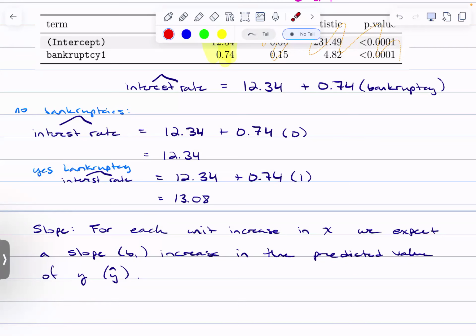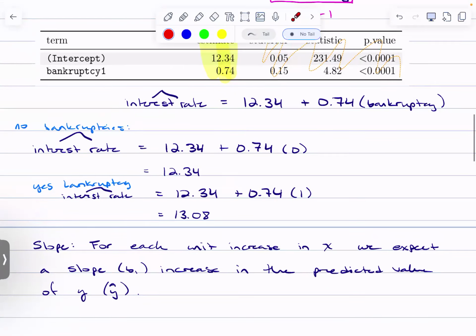Here, if bankruptcy 1 is off, then it's 0, and so the predicted interest rate is just the y-intercept. So everything is just put on the y-intercept, and the y-intercept incorporates no bankruptcies.